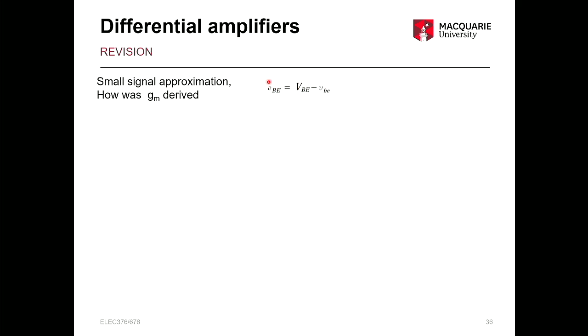You see the small v, but the large B and E. So using our expressions for current, we can get to our IC is equal to this one. This is your VBE from up here. This is our total IC. And that equals the saturation current times e to the large VBE plus small VBE over VT.